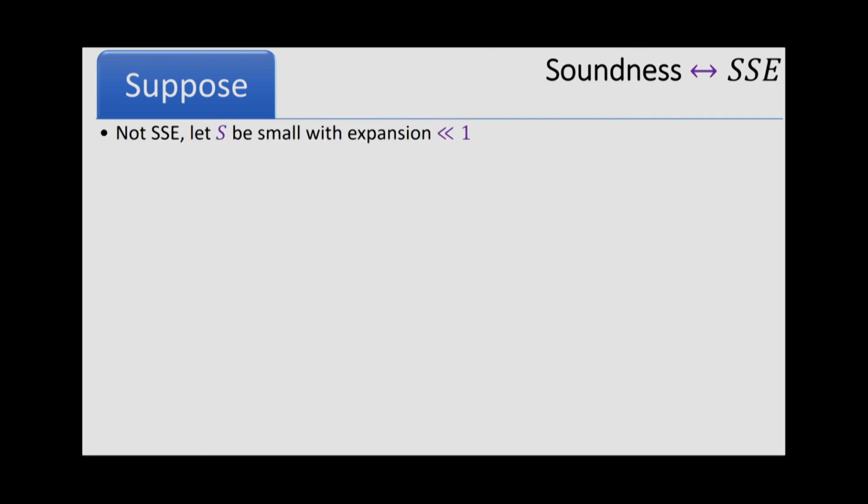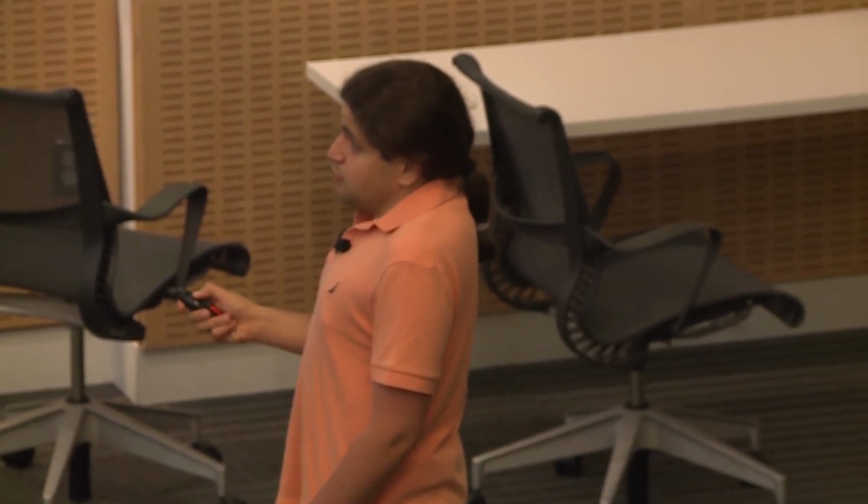So let's suppose that the Grassmann graph is not a small set expander. And using that, we'll construct a function that passes the test with constant probability, yet it is far from any legal code word. So indeed, let S be a small set with expansion bounded away from 1.